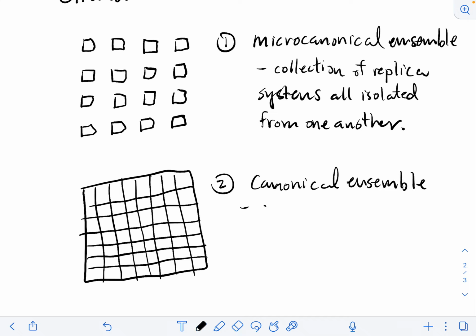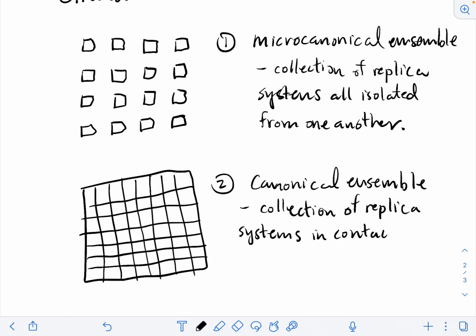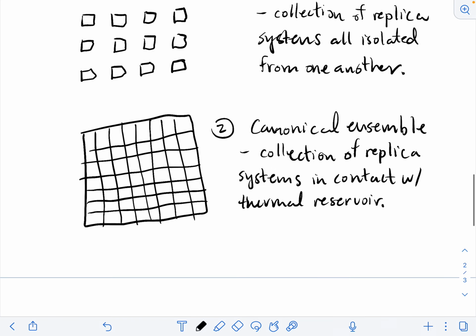So here we had a collection of replica systems in contact with a thermal reservoir. So if you're thinking of one particular member, say system A, then the thermal reservoir is all of the other systems in the ensemble.